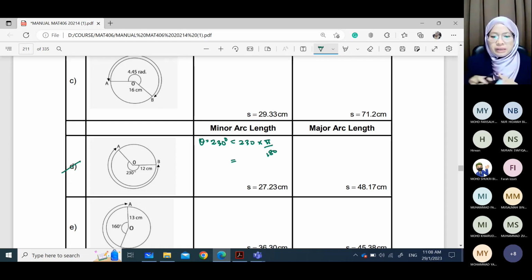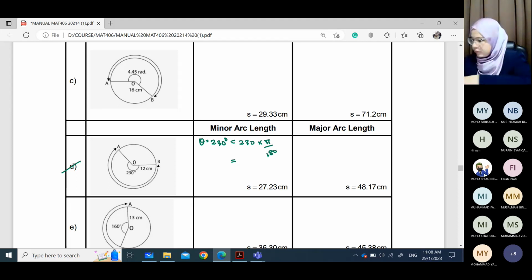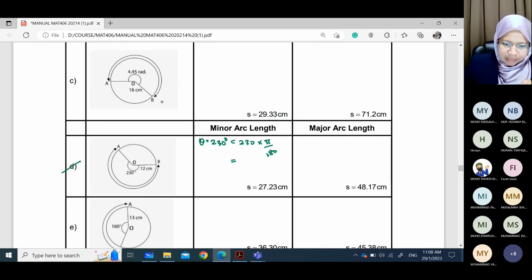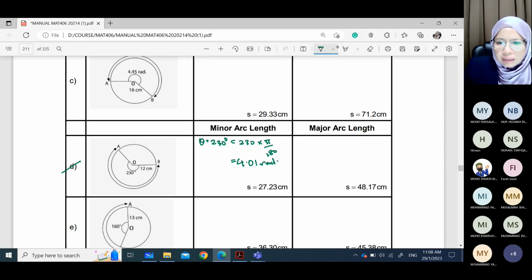Kita nak tukar, convert kepada radian. Okay, so 230 multiply with pi over 180. Okay, so dalam radian angle dia adalah 4.01 in radian.